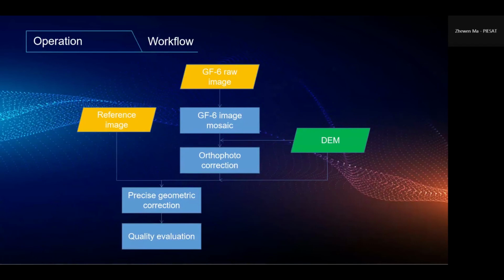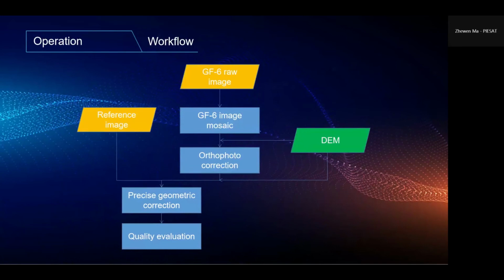After this class, you can find all the information and the download links for the software, for the sample data that we provide for this exercise. You will be able to find that we use the Gaofen 6 raw image as the input that we will focus on, and it also comes with its reference image and the DEM that contains the area.